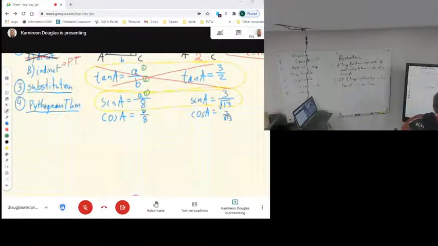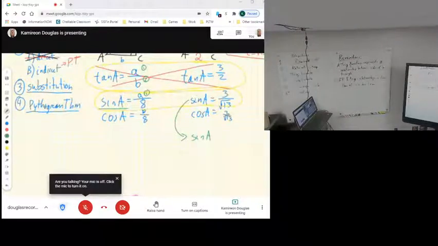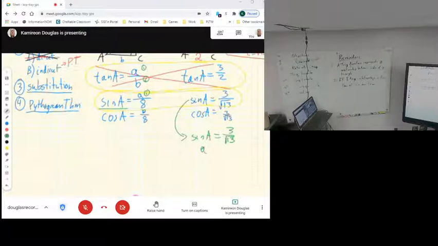Okay, let's do it. Now I do a substitution. Anywhere there is a sine of a, I'm going to replace it with a over 8. Instead of writing sine of a equals 3 over the square root of 13, I'm going to switch out sine of a for a over 8 equals 3 over the square root of 13. I do the same as before. Cross multiply.